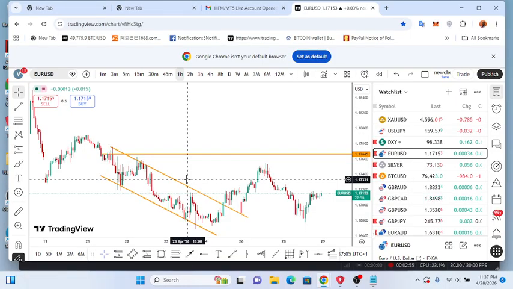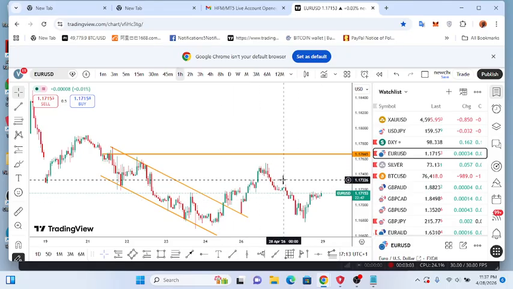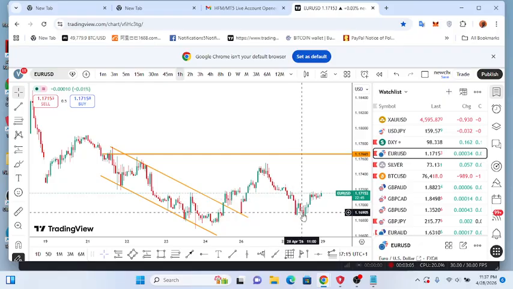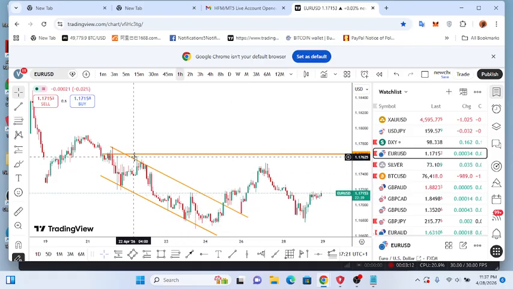As it is right now, I've not seen anything that says it's time to leave the market. No, the market is retracing normally. There's no point panicking, you understand? So just leave it.